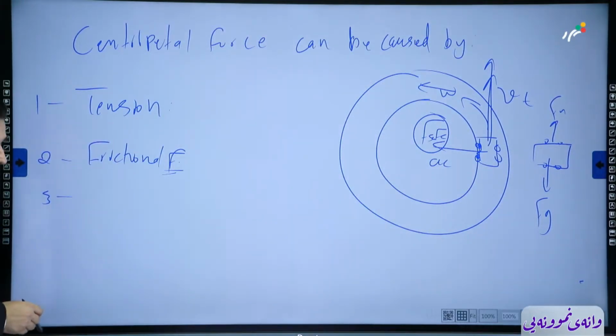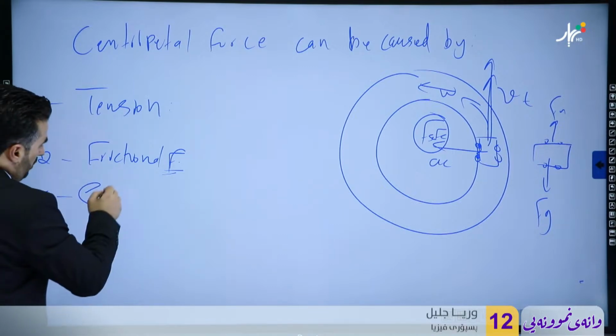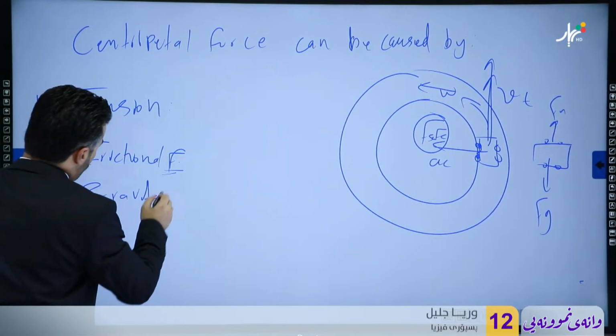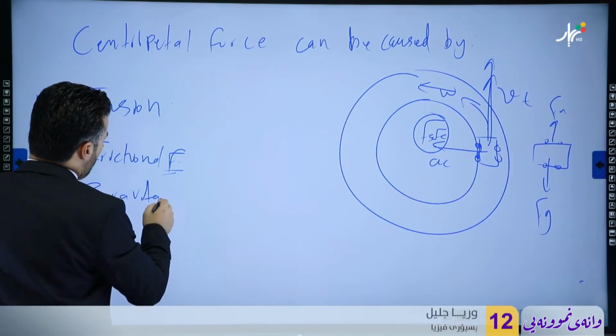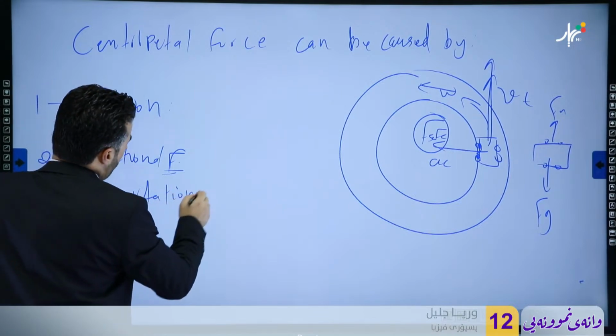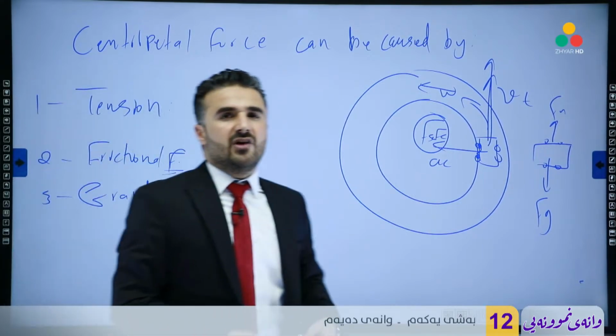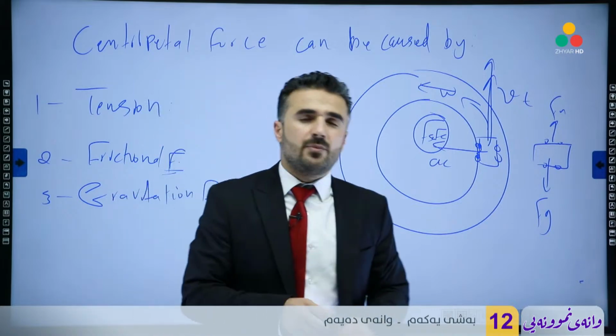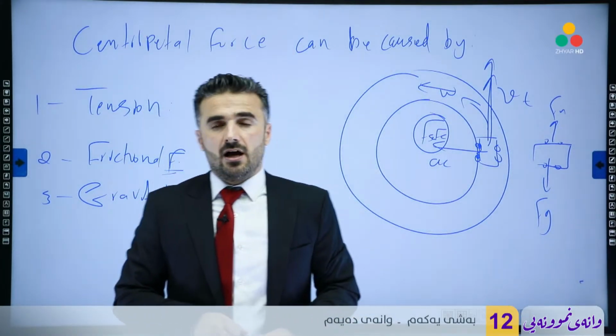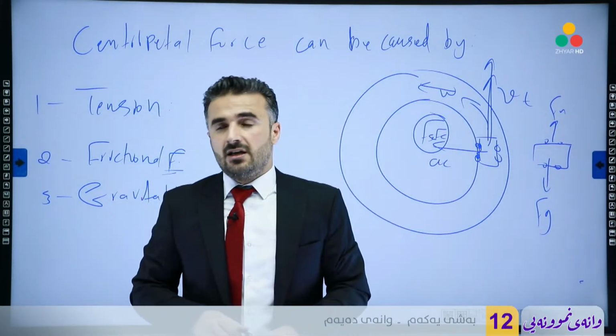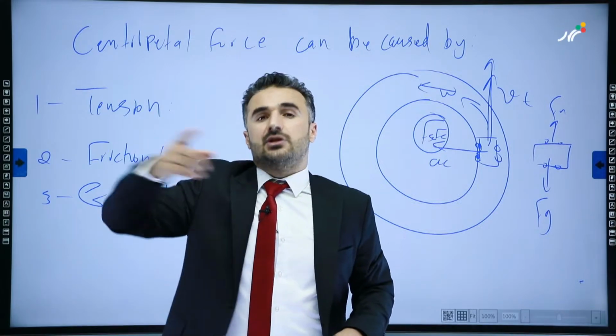Another type of force is gravitational force. How do we know gravitational force provides centripetal force? Think about the motion of the earth. The earth moves about the sun in a circle.